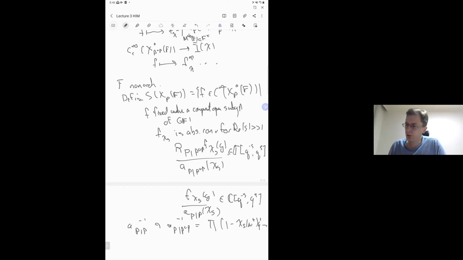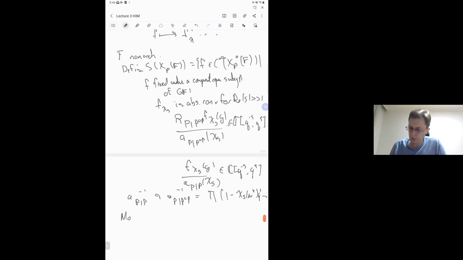So what you're doing here is requiring that these Mellin transforms have poles that are controlled by these specific polynomials, right? So the moral is that Mellin transforms are Laurent series in q to the negative s with controlled poles.